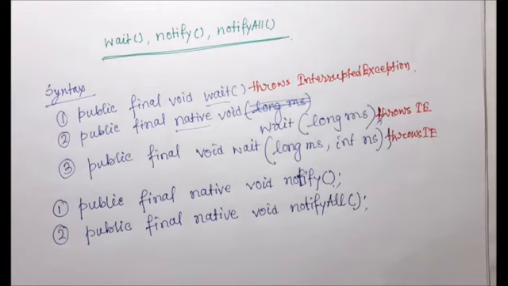Now let us see the impact of the wait method when a thread calls it. We know that whenever a thread wants to call the wait or notifyAll method, it needs the object lock, since these methods are inside the Object class. So what will the impact be on our thread life cycle?